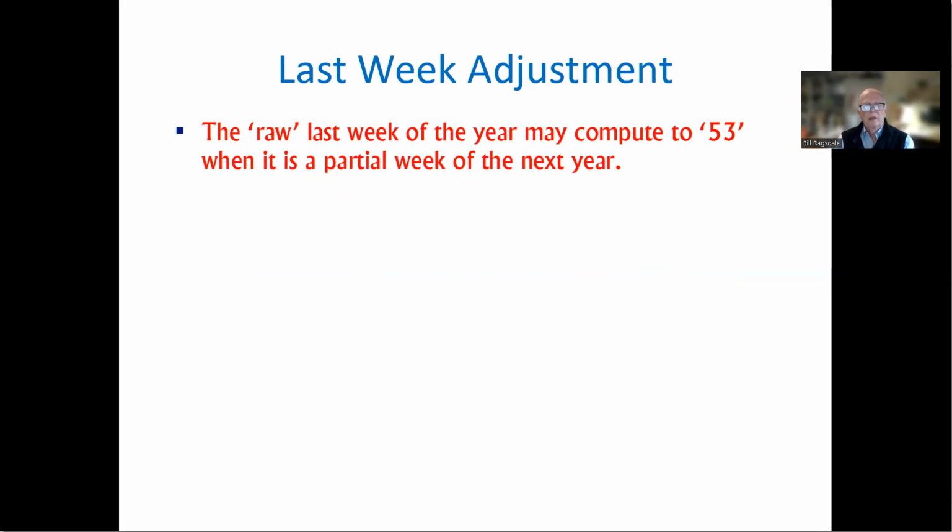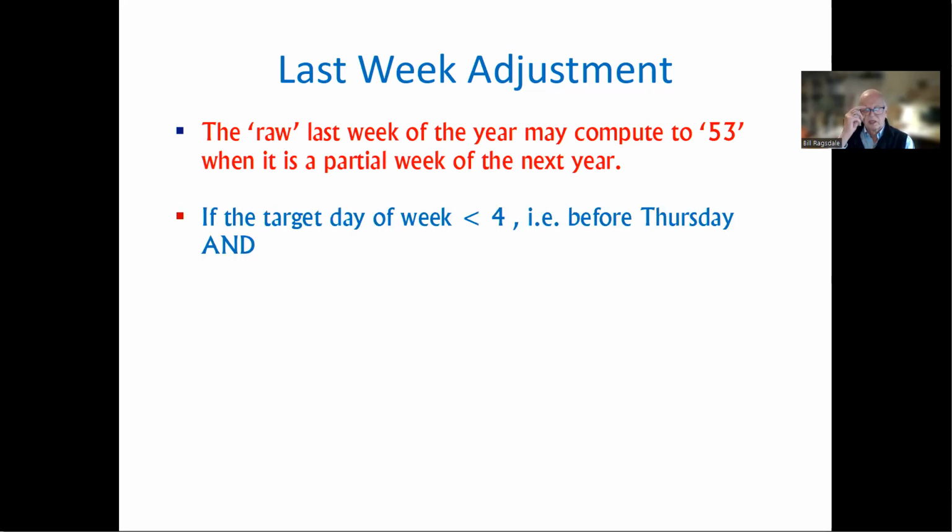The raw week that I mentioned for the last week adjustment, if it computes to 53, it could be a 53rd week, or it actually could be week 1 of the following year, and that's what we need to determine.